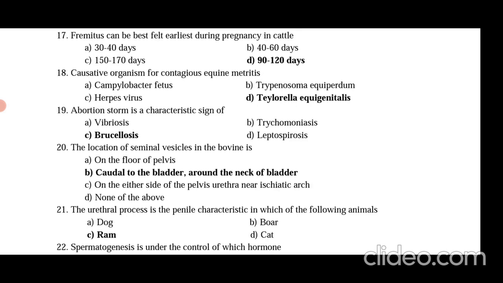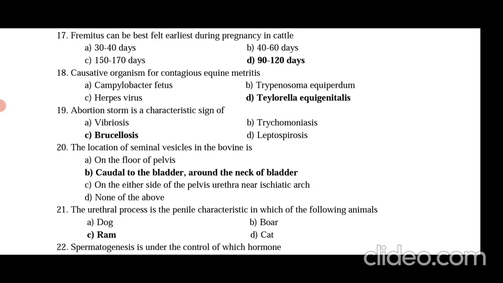Brucellosis usually causes abortion once in an animal, but there are many reports that an animal that has aborted due to brucellosis has also aborted another time.